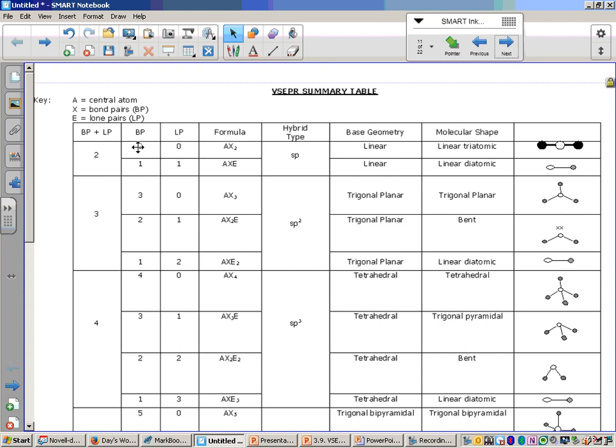So again, 2, 0, 1, 1, 2, sp hybridized. The base geometry, which I've been calling EPA, is linear.